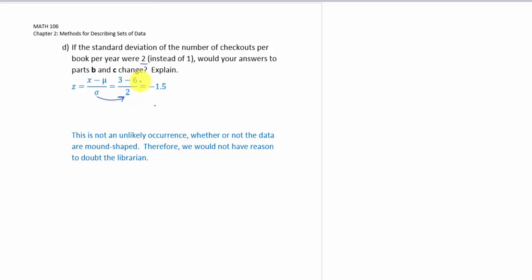That gives us negative 3 halves, which is negative 1.5 for the Z-score. So our Z-score is well within 3 standard deviations, and so this is not an unlikely occurrence. This is what we would expect more often than not. So this is not an unlikely occurrence, whether or not the data are mound-shaped. Therefore, we would not have any reason to doubt the librarian.